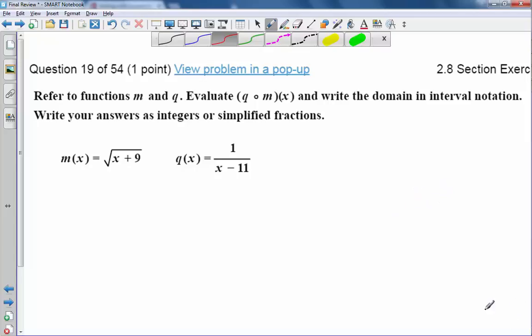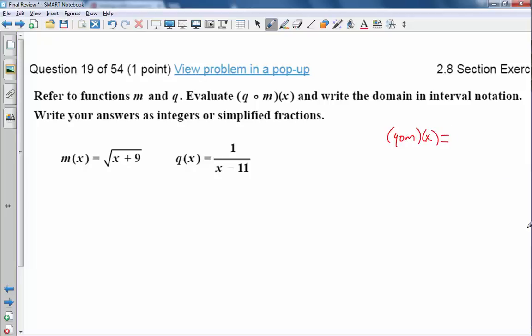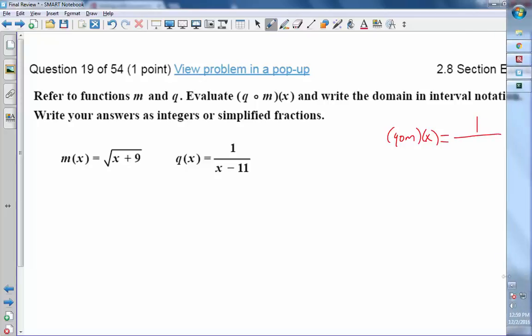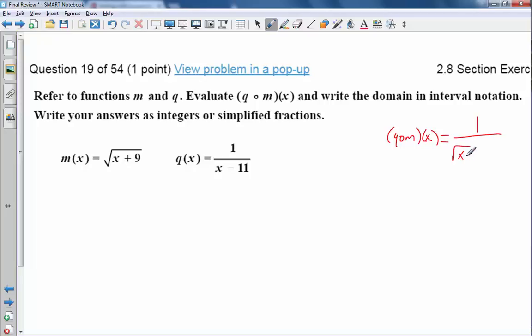Q circle M of x equals what? 1 over square root of x plus 9, minus 2. Any objection? Any different answers?